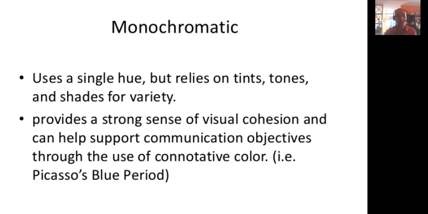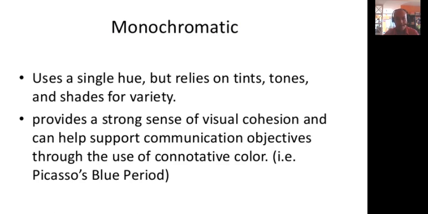While when you talk about tones, you're adding black color on the hue, or you say shades, you're adding gray in that sense. That's why in your assignment you can play on these tints, tones, and shades by adding white, black, or gray on the effect of the color itself.